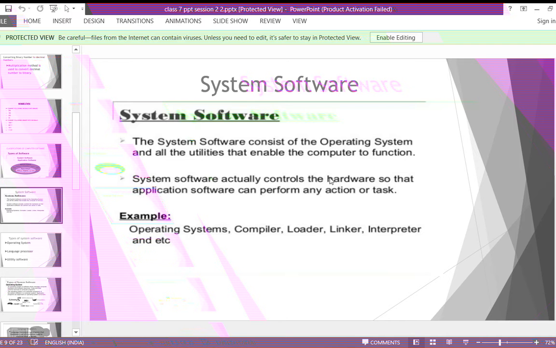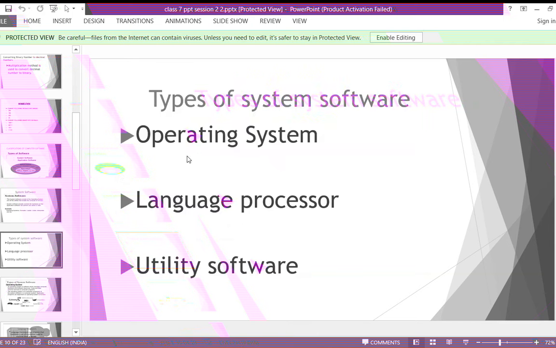If I give input to a computer, it will process and store the data in the CPU, that is central processing unit, and finally give the output. So machine works in three processes, that is input, process and output. In system software you have three categories, that is operating system, language processor and utility software.